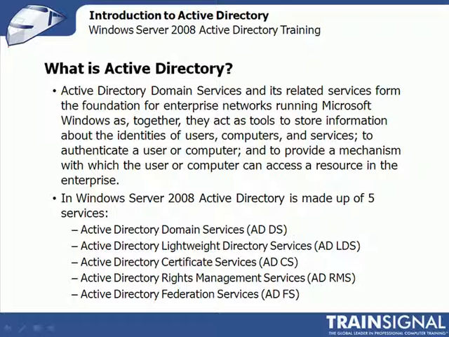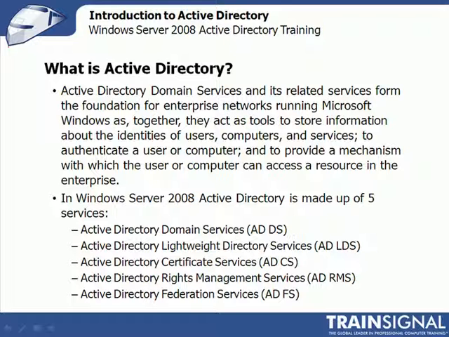But in an actual enterprise environment, we need to be more productive than just having a bunch of computers that share stuff with each other. We have to have some kind of centralized database or central repository of information, and maybe even central control of that information. Well, that's what Active Directory Domain Services is.